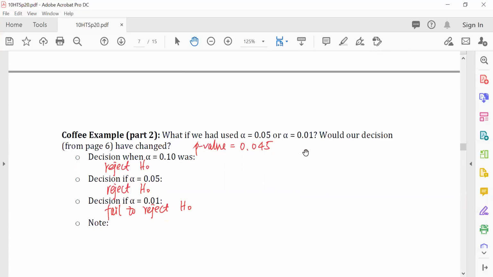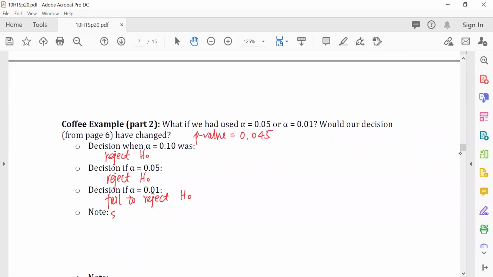So the significance level, that is the alpha. You still remember the name for the alpha? That's called the significance level. It's like a line in the sand.